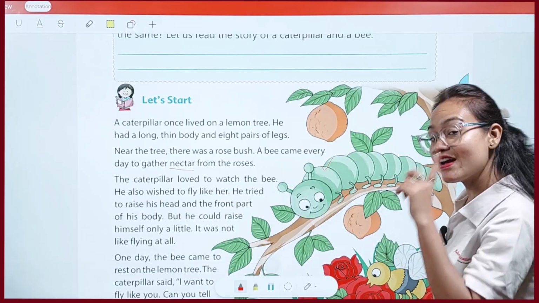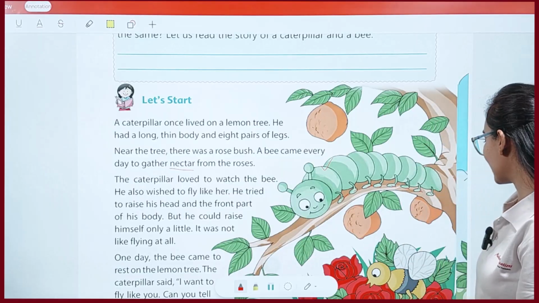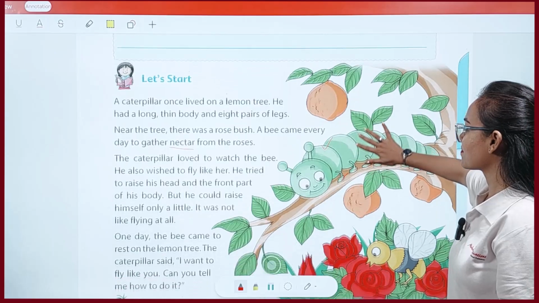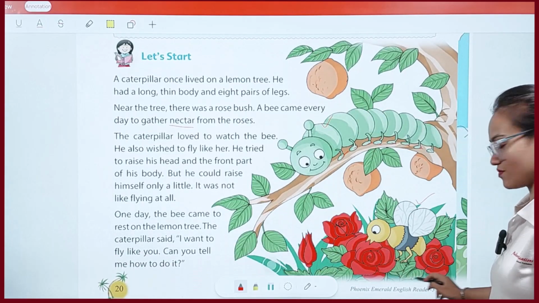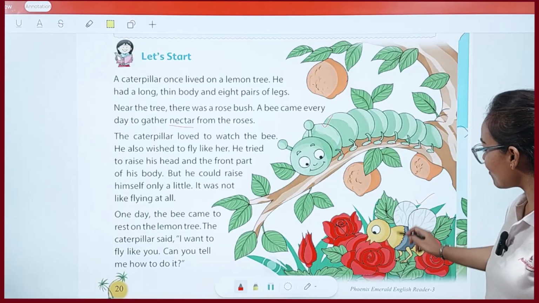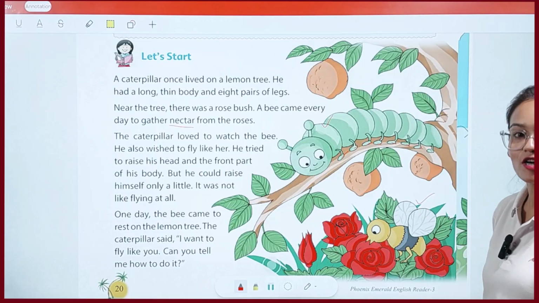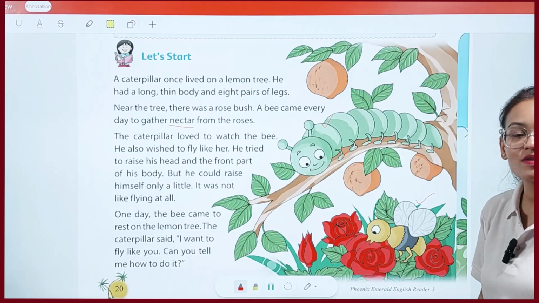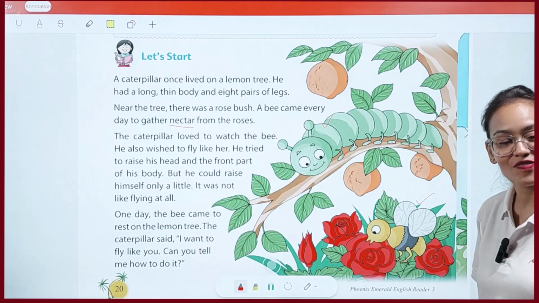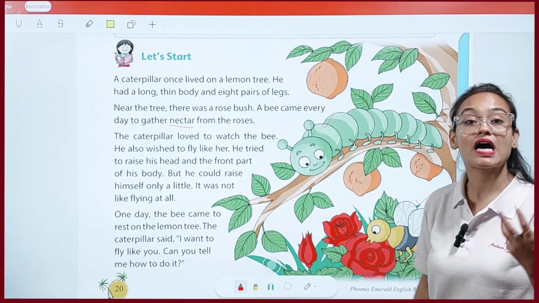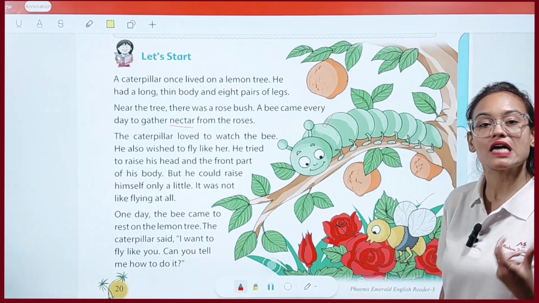Every day a bee, this is a bee, meaning a honey bee, came near this rose plant to take nectar. Nectar means a sweet liquid found in roses, through which the bee makes honey.